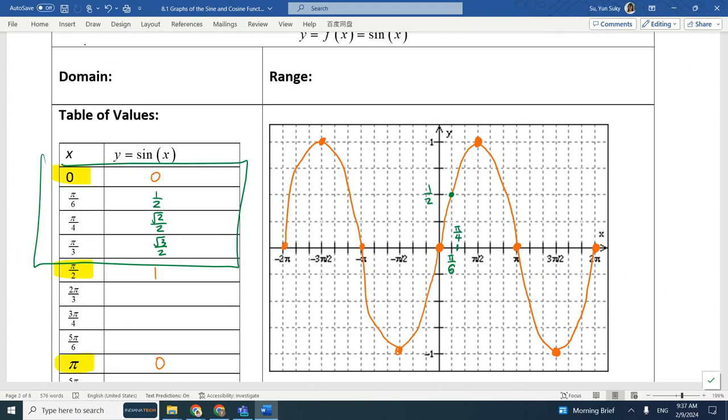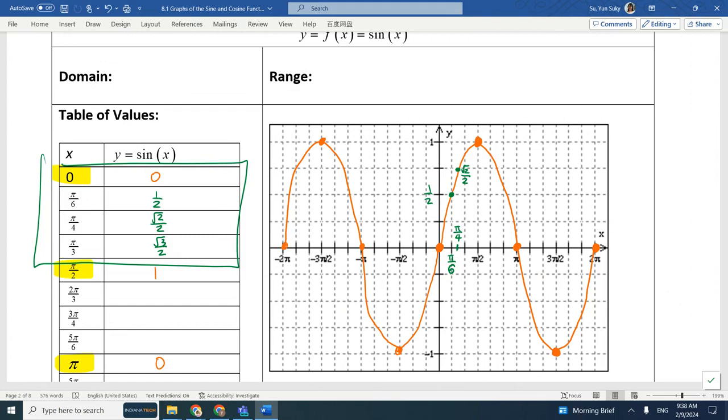And you get root 2 over 2. So maybe like here, this is root 2 over 2. And continue. Where is pi over 3? Yes, everybody?